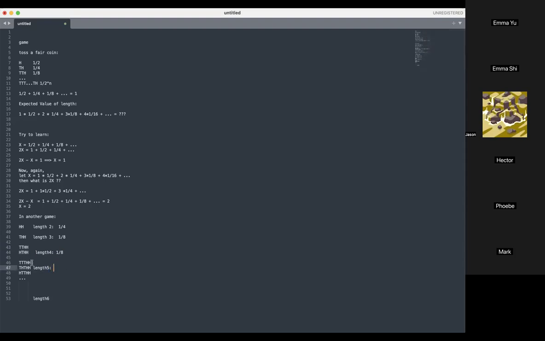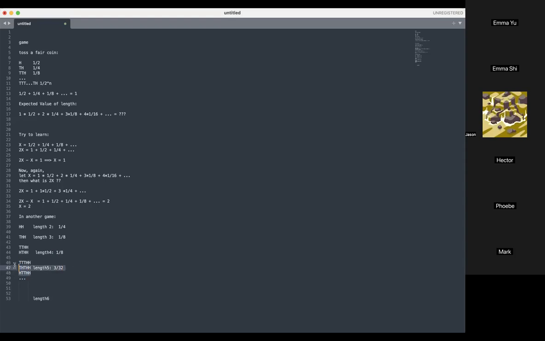And Mark, do you know what's the probability for length five? First, you need to count how many cases there are for length five. There are 3 cases, and each probability is 1/32, so it's 3/32. Very good, but can you explain why there are only 3 cases here?